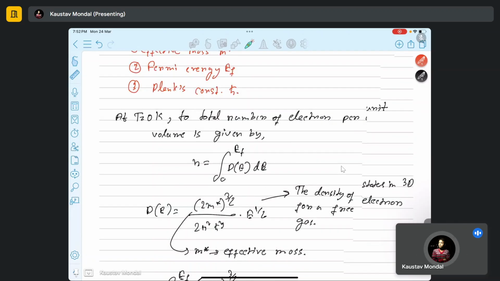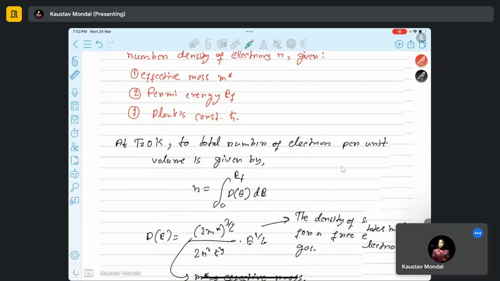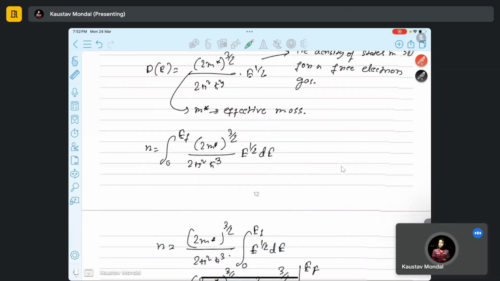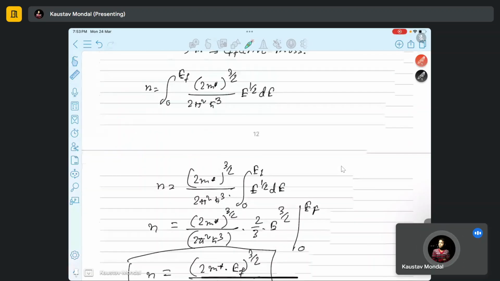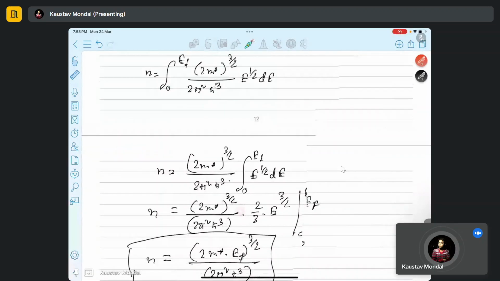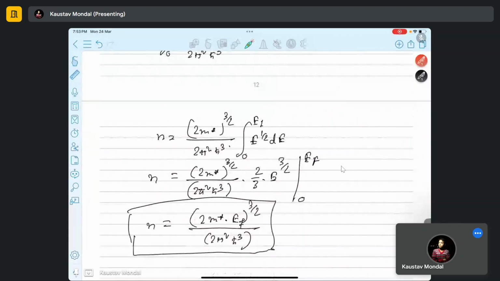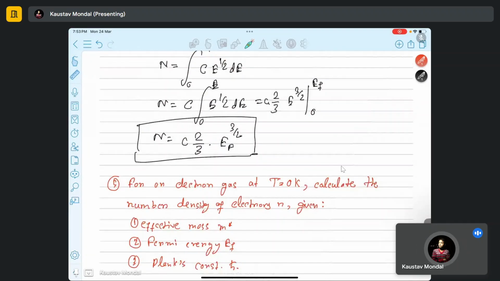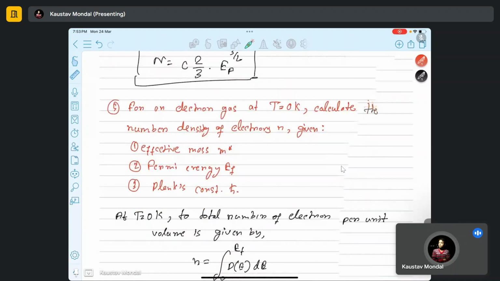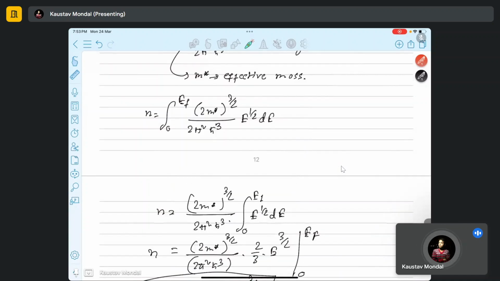As it's happening at T equal to 0 Kelvin, the integration limit should be from 0 to EF, right? That we are doing right now. If you do the integration, that basically gives you (2/3) E^(3/2), and if you put in the limit, the total number density will be given by this. That's how you have to solve the problem. So that's it. This is our final problem.